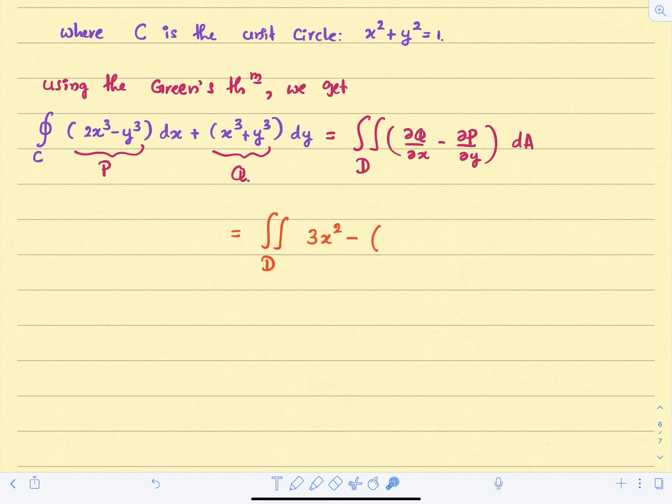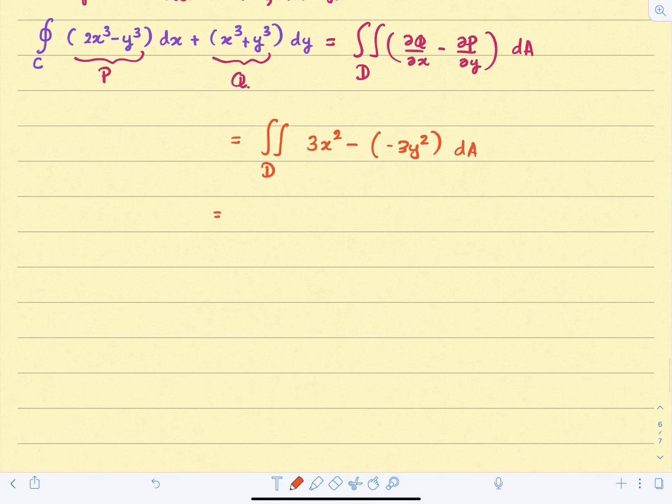Minus partial P over partial y: the derivative of 2x cubed with respect to the y variable is 0, and the derivative of minus y cubed with respect to the y variable is negative 3y squared, dA.